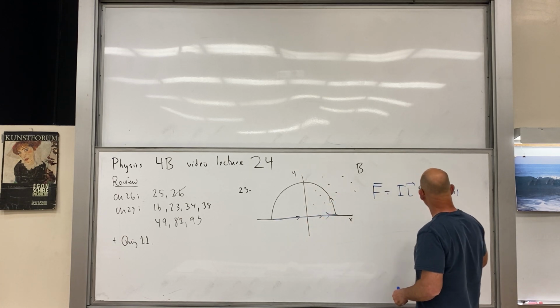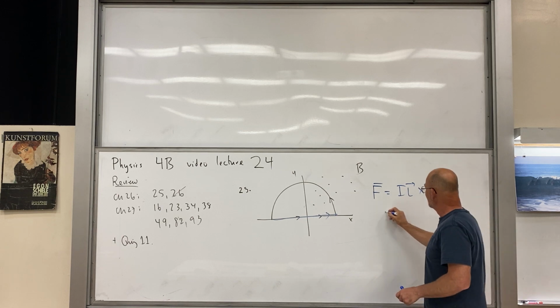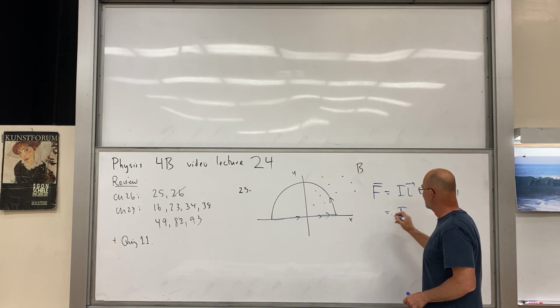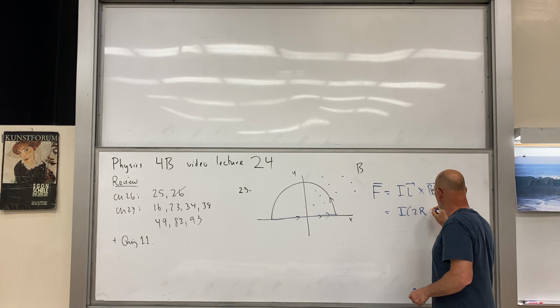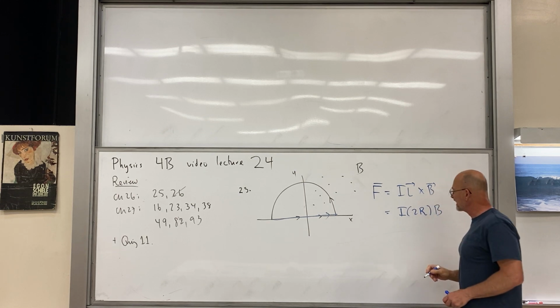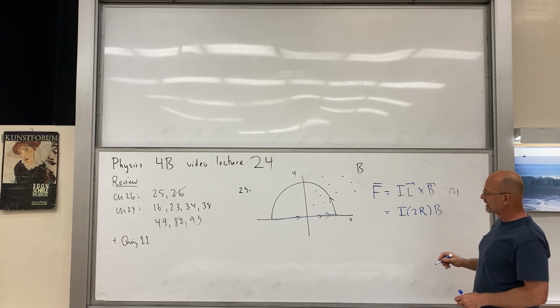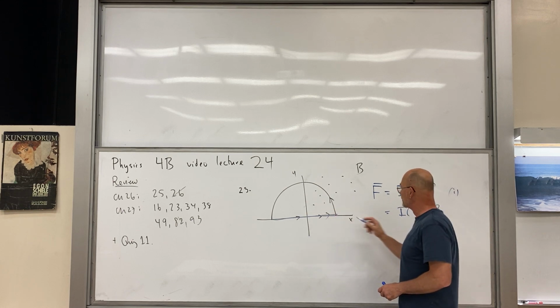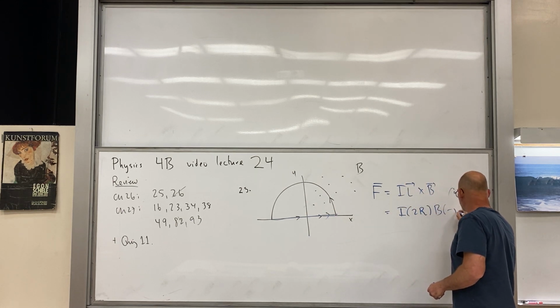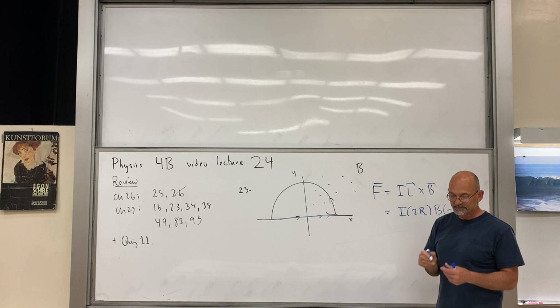So IL cross B equals I times 2R times the magnitude of B, and it is in the down, so negative j hat direction.